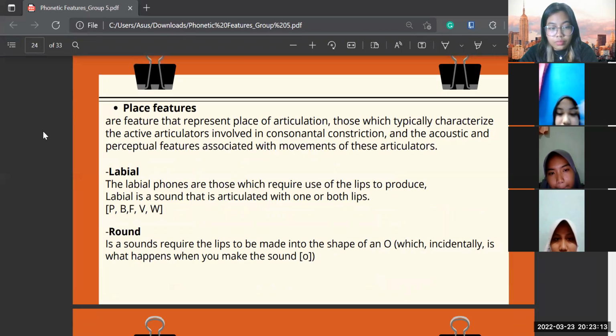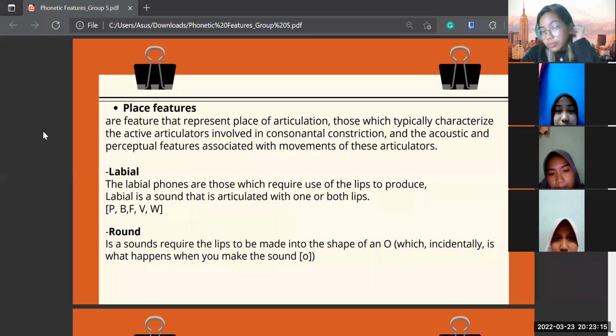So the next is place features. Place features are features that represent place of articulation, those which typically characterize the active articulator involved in consonant constriction, and the acoustic perceptual features associated with movement of these articulators. The first is labial.